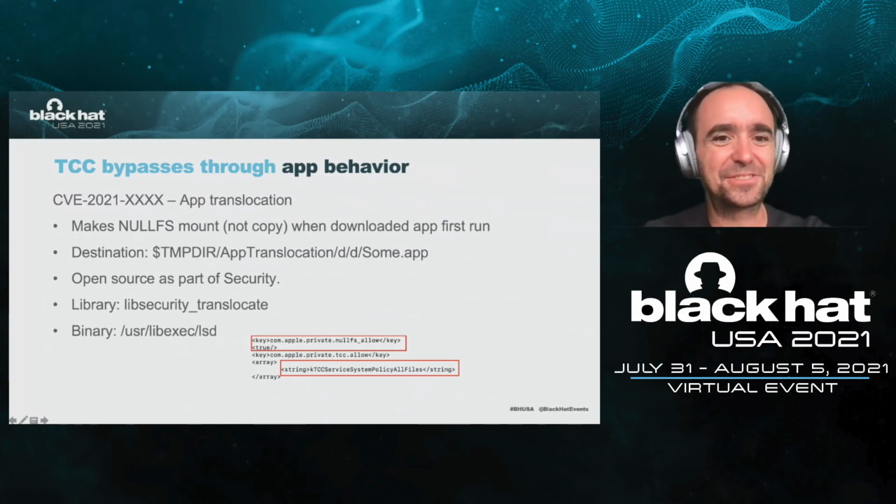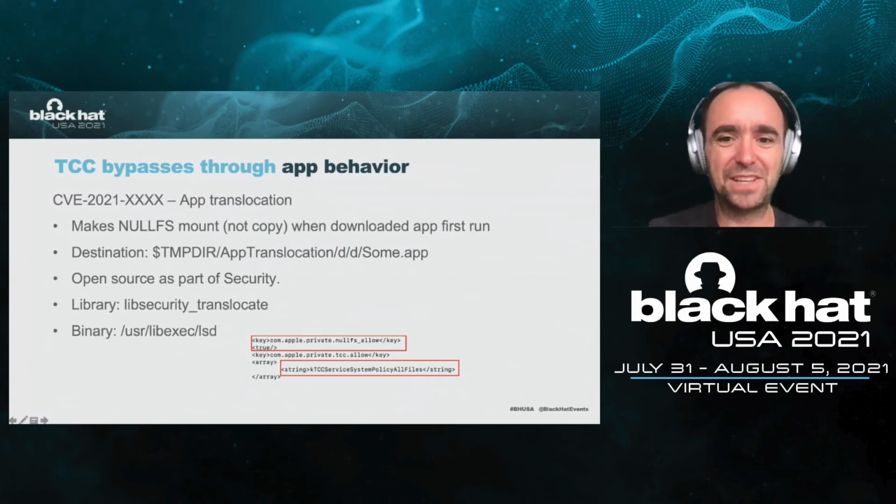behavior issue. So the app translocation service was introduced by Apple to fix a vulnerability found by Patrick Wardle to bypass Gatekeeper. And what it does, if we download an application and run it from the downloads folder, or from the folder where we downloaded it to, for the very first time, it will make a nullfs mount of that application inside the temporary directory.